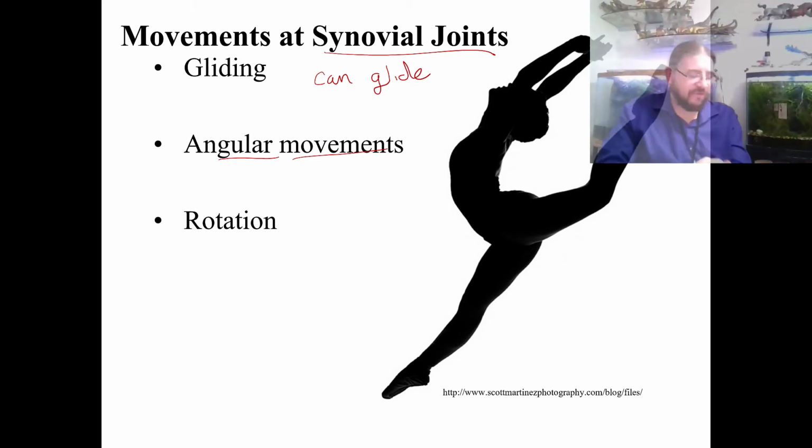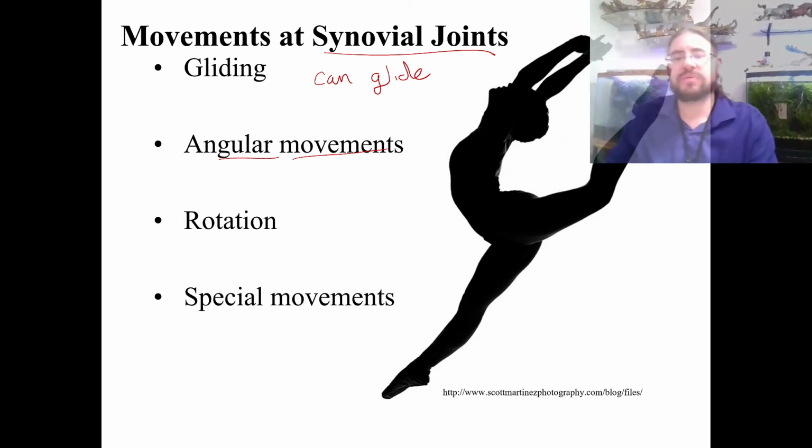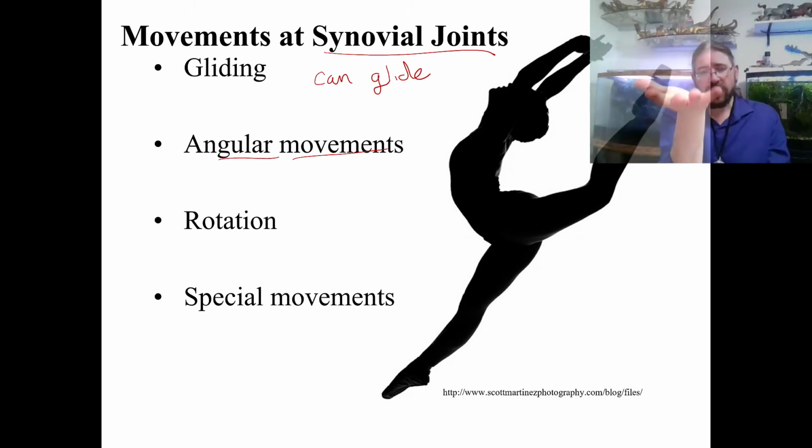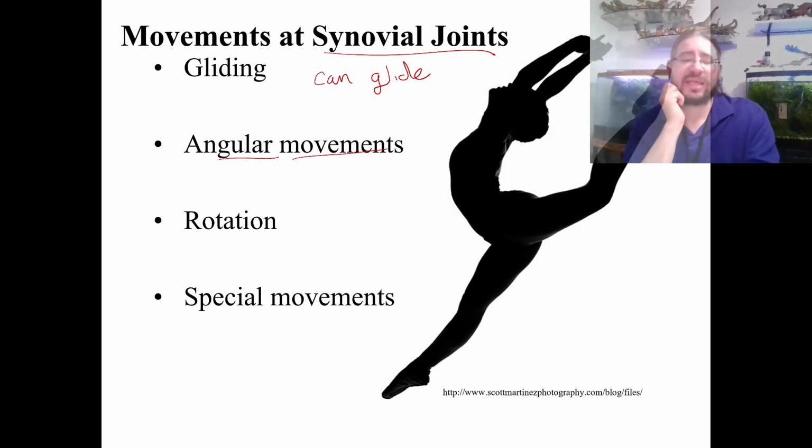And then we have a variety of very special movements, movements that have their own special terminology because they are parts of sort of unique joints. So for instance, this is a supinated wrist. This is a pronated wrist. So that's a special movement, gets its own special name.